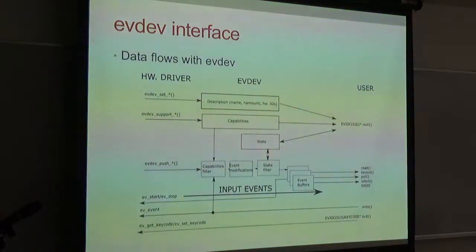Vladimir gave me this picture, and this is a more detailed data flow with evdev. On the hardware driver side, there are evdev set functions, which set descriptions including name, unit, hardware IDs, etc. Then evdev support sets capabilities, and evdev push-related functions like capabilities, filters, event modifications, test filter, etc. On the user side, user is user-land programmer software.